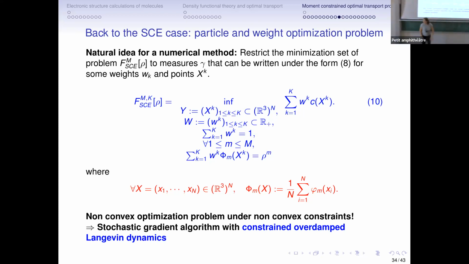But we've got no theoretical guarantee for this kind of scheme. Okay, and we've done a very naive discretization of the corresponding overdamped Langevin dynamics. So here, I think there's definitely a lot of room for improvement compared to what we have tested.